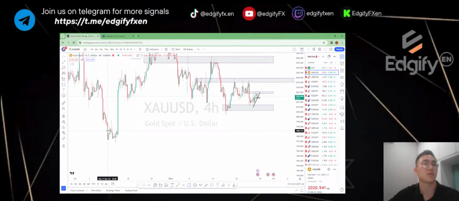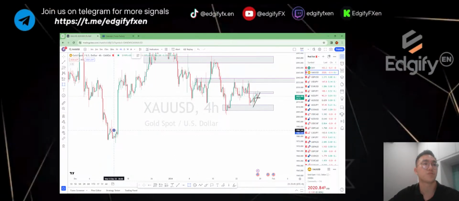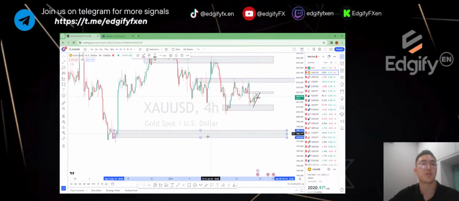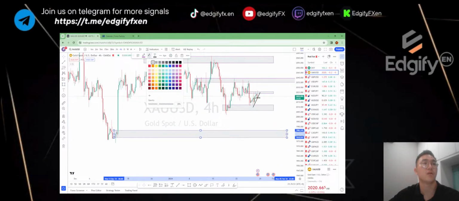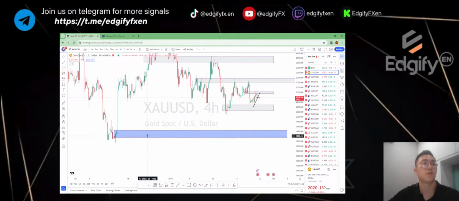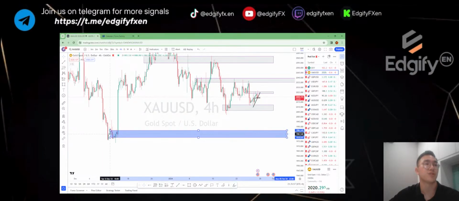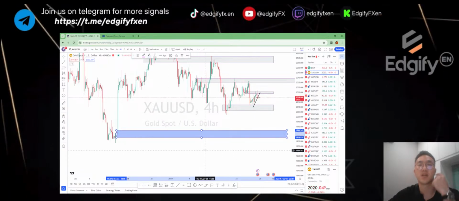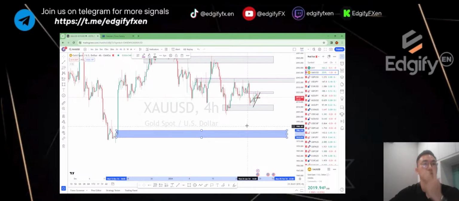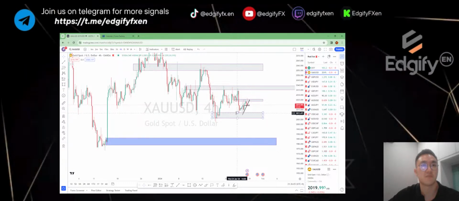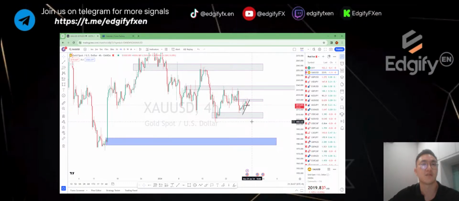Okay, I'm going to look at this support here because I would like to take a buy when the price reaches this area. Because these are all supports, right? So I'm looking for the price to reach this area actually. So when the price does come in, then I can look for a buy opportunity. At the same time, if it takes out all these support areas, I will look for sells.